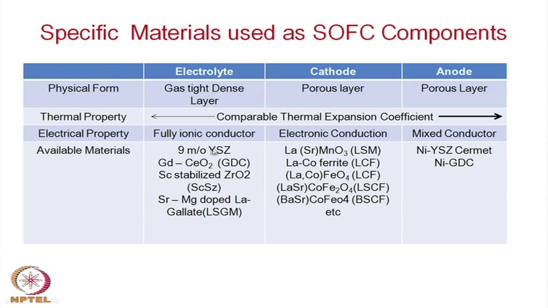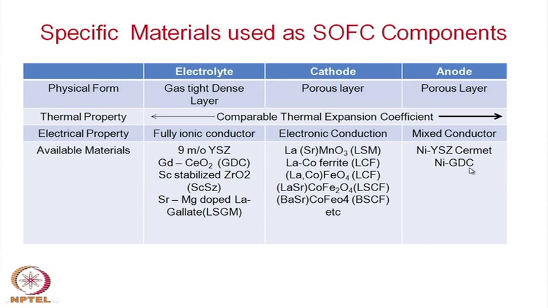So, it is a mixture of the electrolyte material and metallic nickel. It can also be used particularly with Ceria doped electrolyte, one can also use nickel GDC, that means the cermet of nickel and GDC.